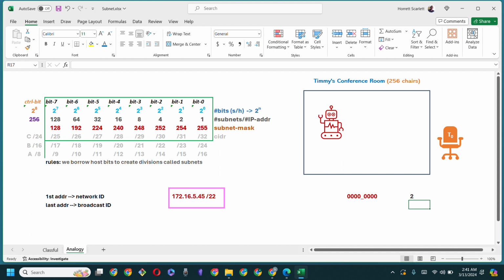We are using a slash notation of /22, and we want to compute which subnet this particular IP address falls into. In other words, we need to determine the subnet range. What's the network ID? What's the broadcast ID? And then we know that between those are the IP addresses which are allocated to that particular subnet.